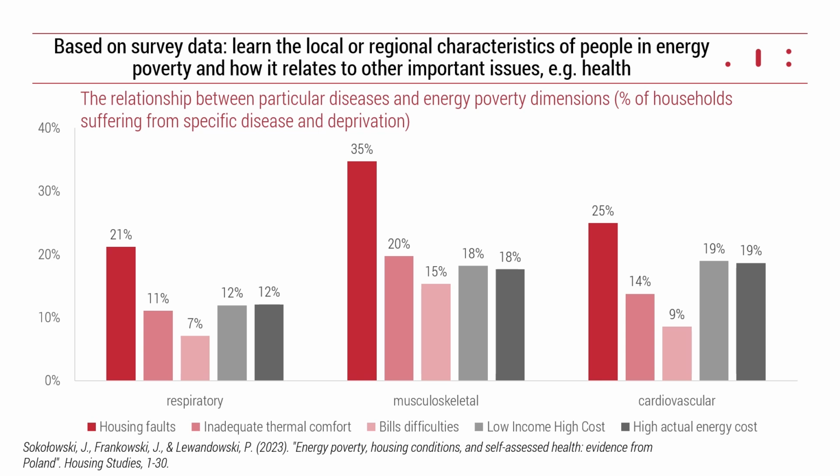What you should do is try to connect some regional, local characteristics with another important issue that might be related to energy poverty. In our case, it was health. So we wanted to test the hypothesis that energy poverty relates to poor health outcomes. And we did that.